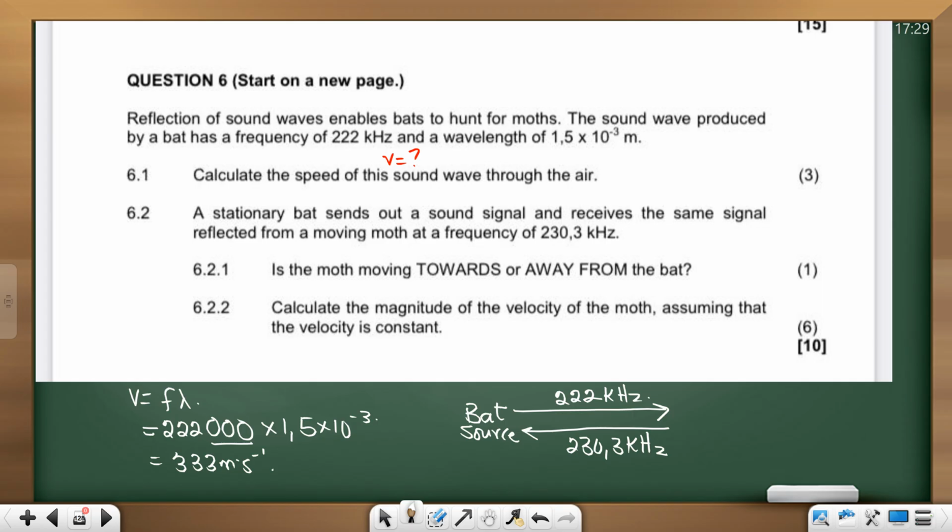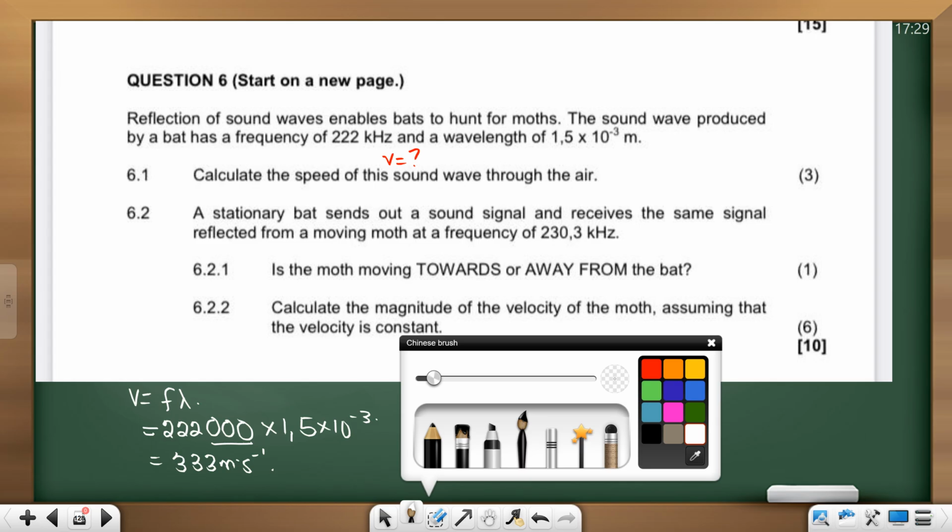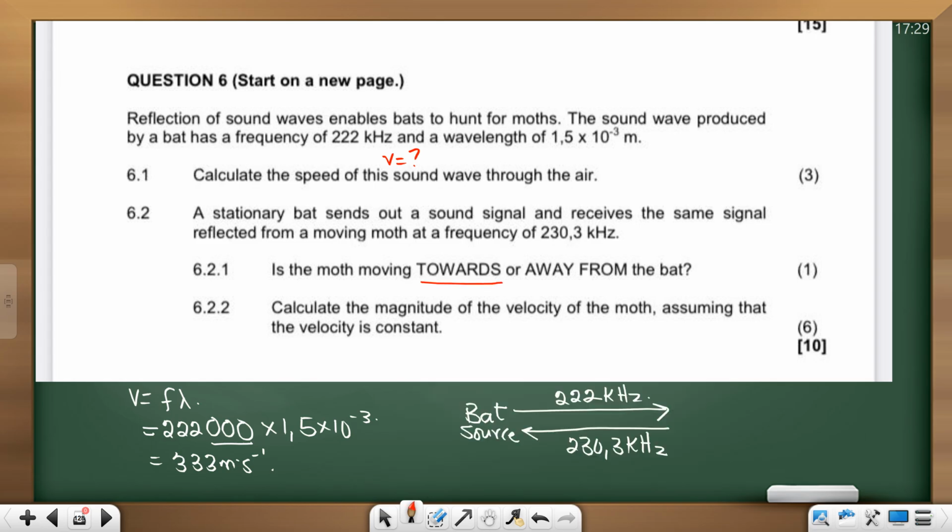The moth is moving towards. Frequency increases as the object moves towards, whether the source or the listener. As long as it's towards, frequency must increase. Calculate the velocity of the moth, assuming the velocity is constant.